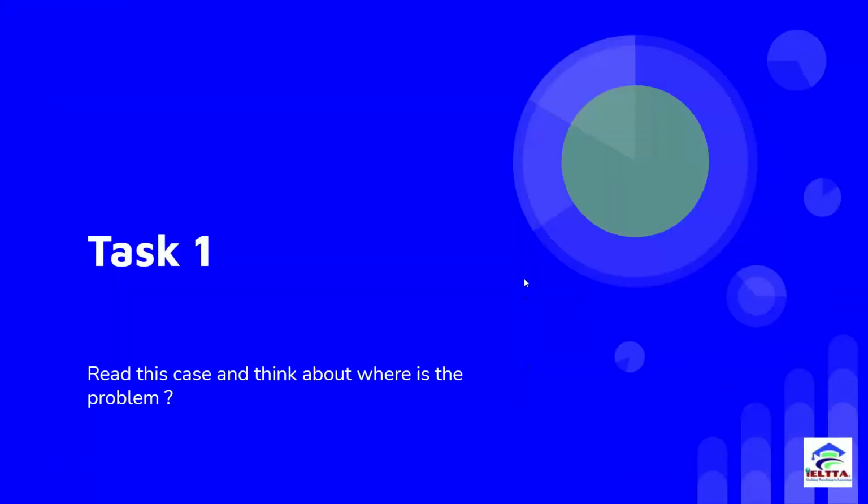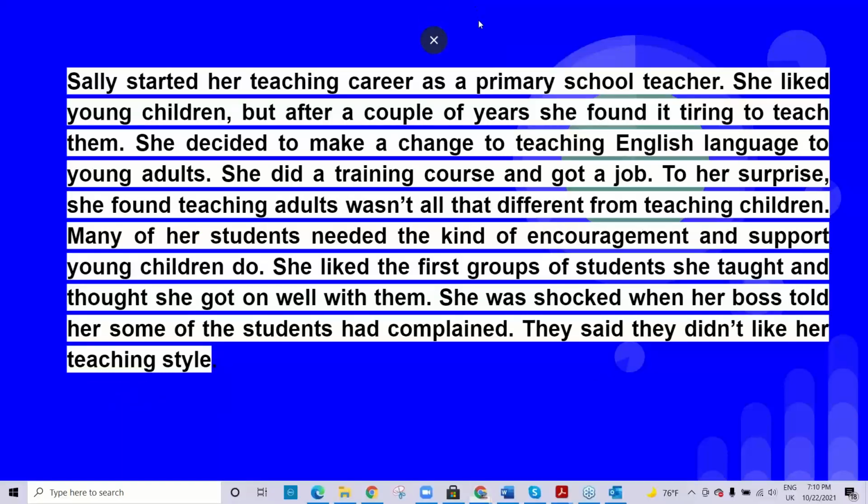Let's have task number one. Read this case and think about where the problem is. Here is the case. Read it for 1 minute and think about where the problem is.